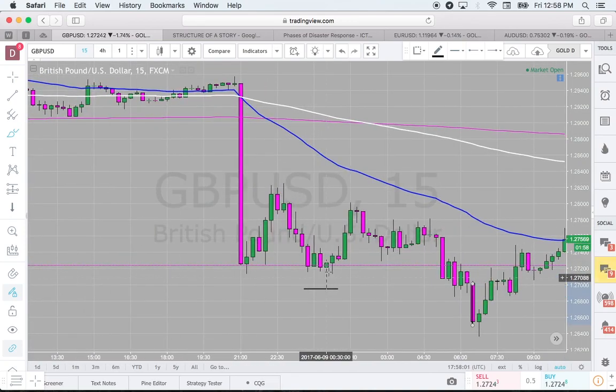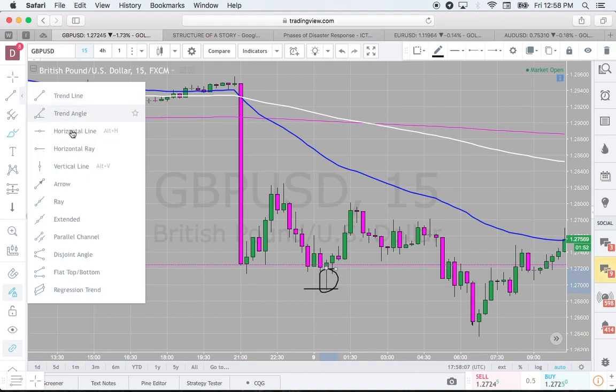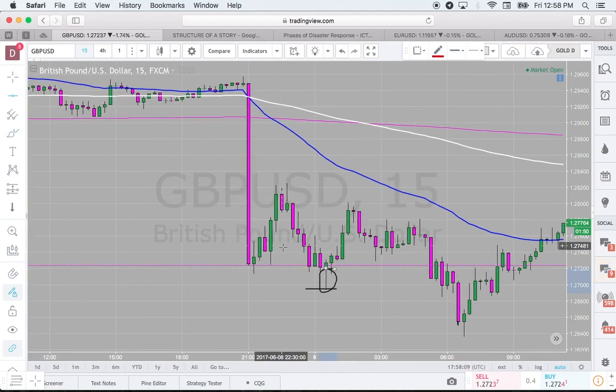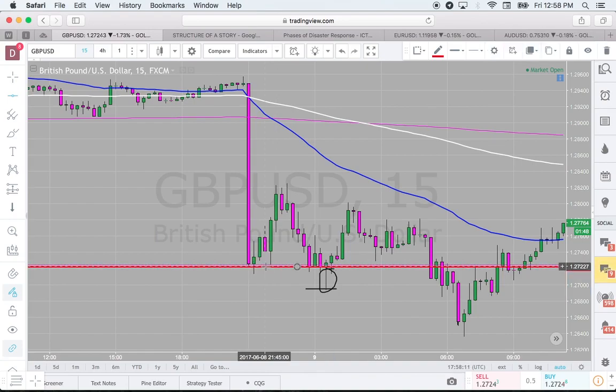You can see here as well, these are stop hunts where the level is already determined, but the dealer keeps spiking to the low to gather orders and stop people out.